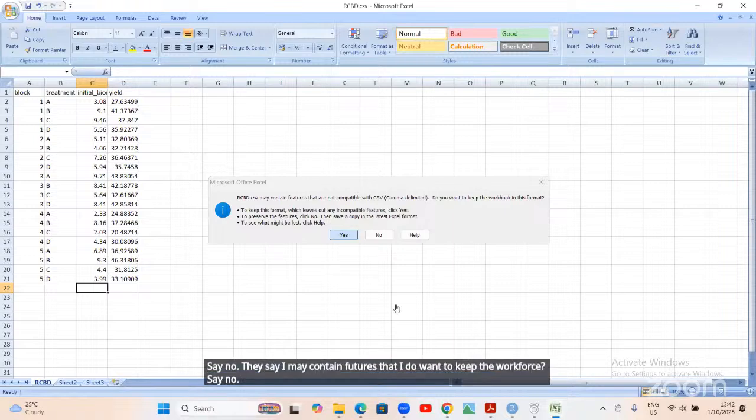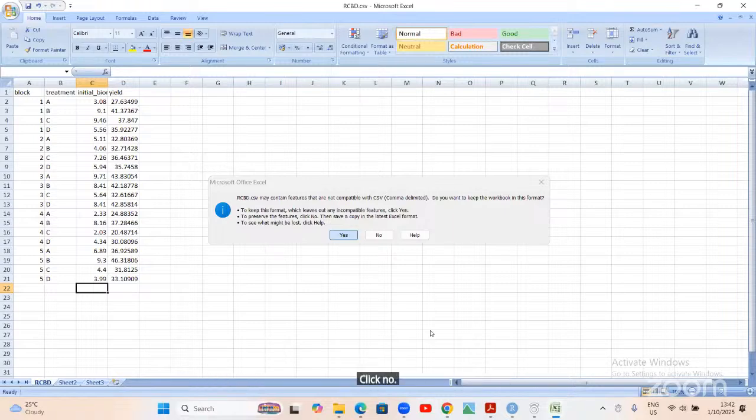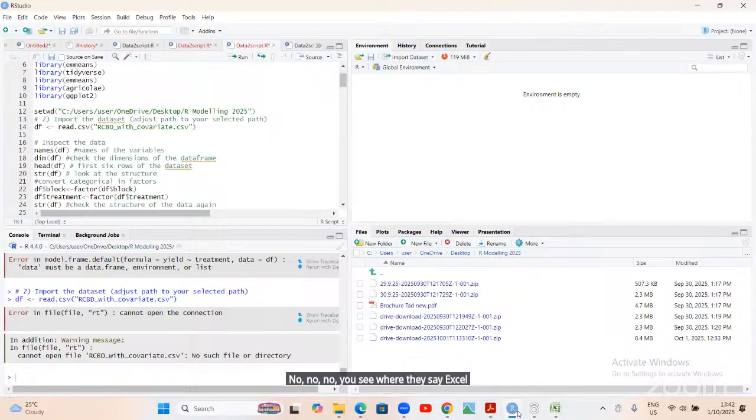Say no. Click no. Can you click the no there? You see where Excel is telling you. I no longer use that window. Okay, you can leave it for now. It seems I'm already out of that window. Okay, that's fine.